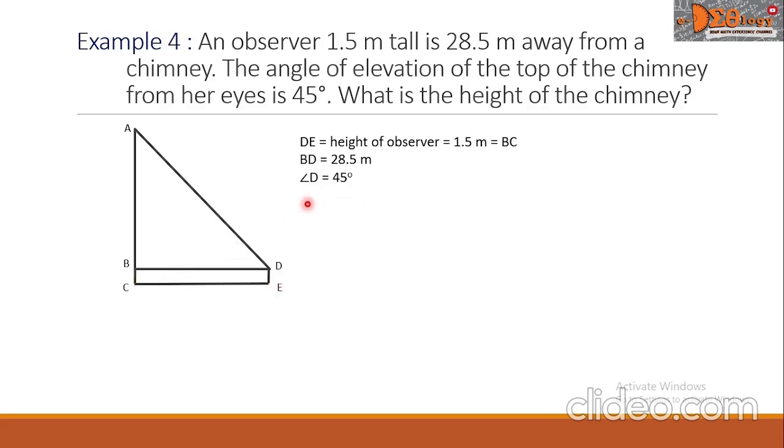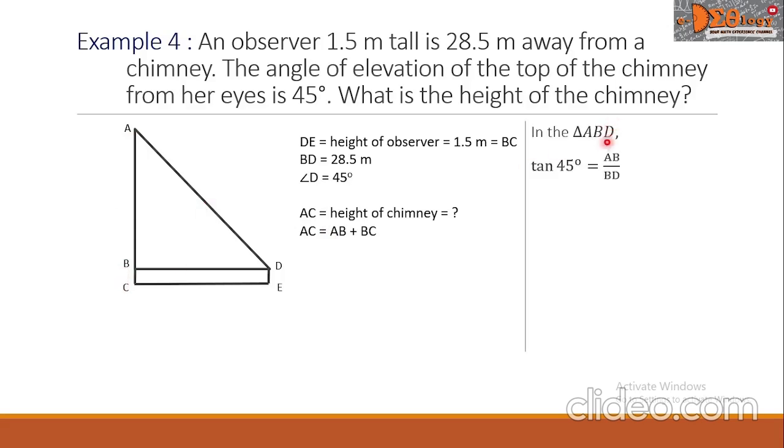Take note that the angle D is also given as 45 degrees. Then the AC. This is the height of the chimney. And this is what we want to know. In the figure, note that AC equals AB plus BC.